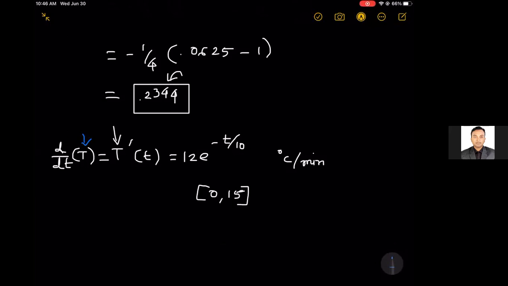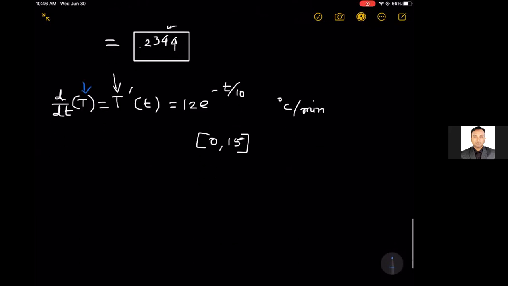Anyone? That is, if we find the antiderivative of this, if you remember the fundamental theorem of calculus part 1, we have seen this, right?